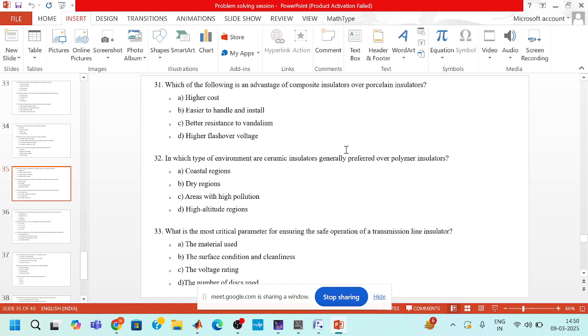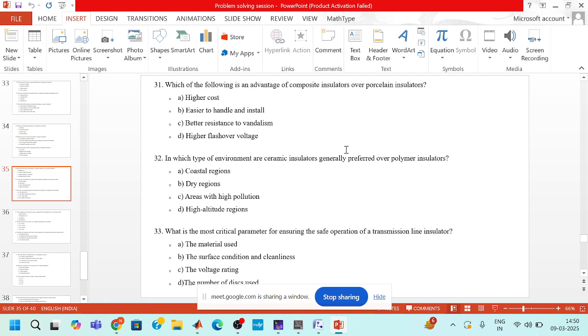Anyone else? So the correct answer is B, ma'am. It's option B, dry regions. In dry regions, ceramic insulators are preferred over polymer insulators. Okay, B option is correct.